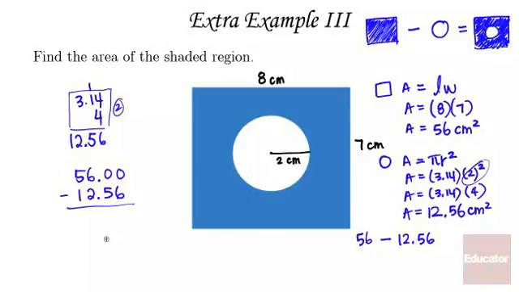So when I subtract, this is going to borrow. This becomes the 10. This becomes 9. Borrow 5. Is that big enough? Yes. Okay, so 10 minus the 6 is 4. 9 minus 5 is 4. 5 minus 2 is 3. 5 minus 1 is 4.